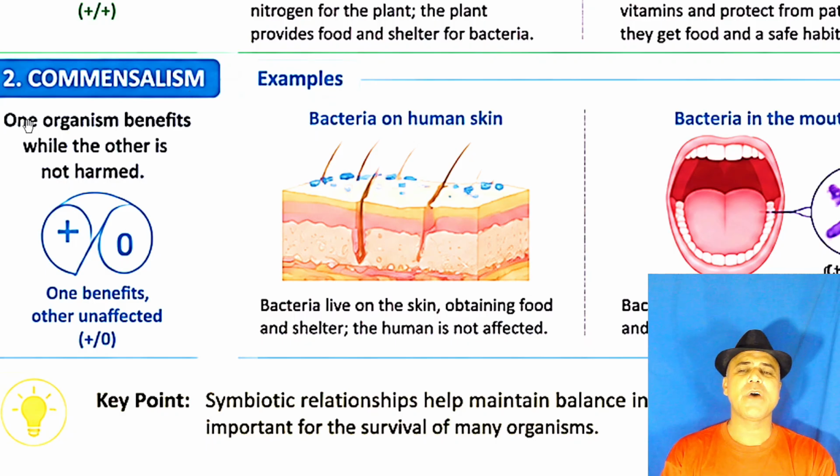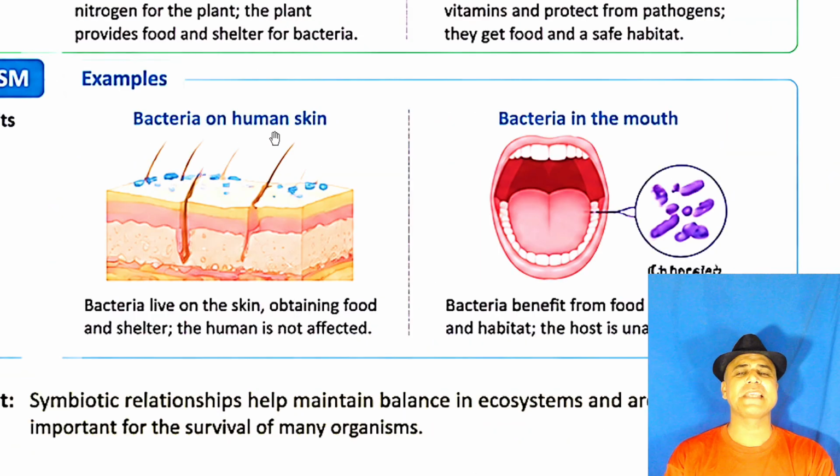Commensalism: one organism benefits while the other is not harmed. Bacteria on human skin live on the skin, obtaining food and shelter. The human is not affected.